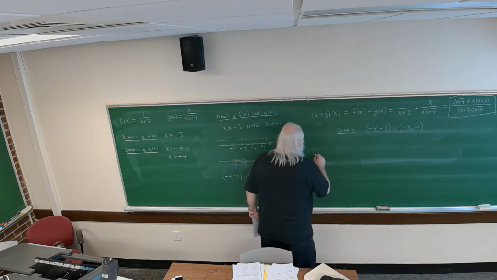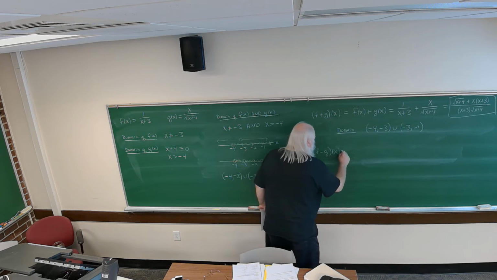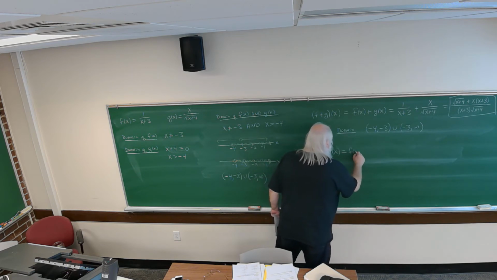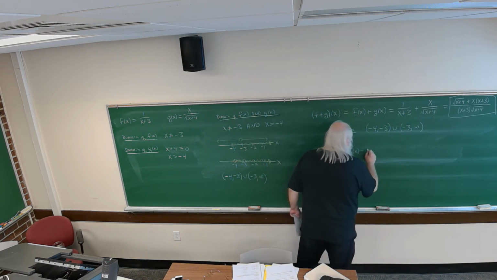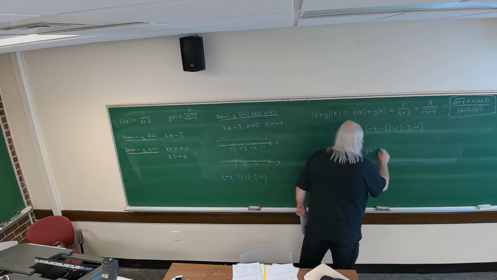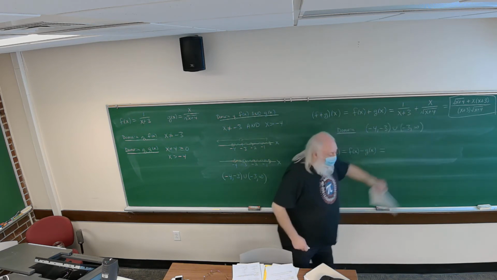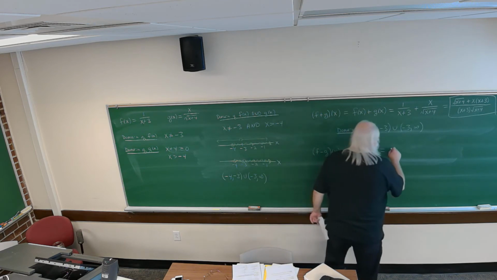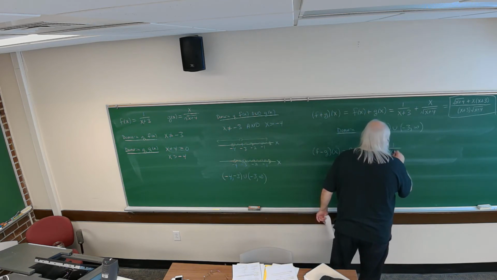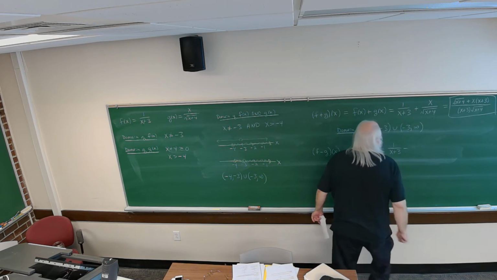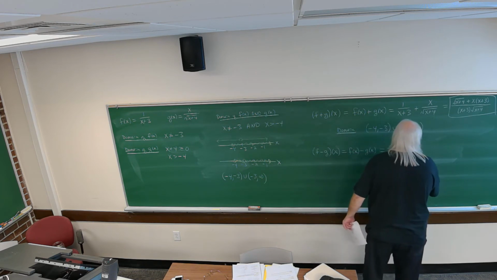So next we have f minus g of x, which is equal to f of x minus g of x, which is going to look similar to this, except we have a minus sign here, right? We have 1 over x plus 3 minus x over the square root of x plus 4.